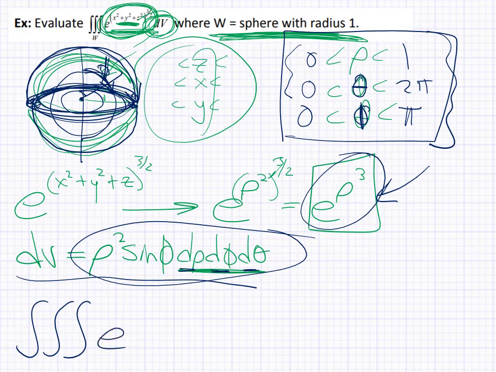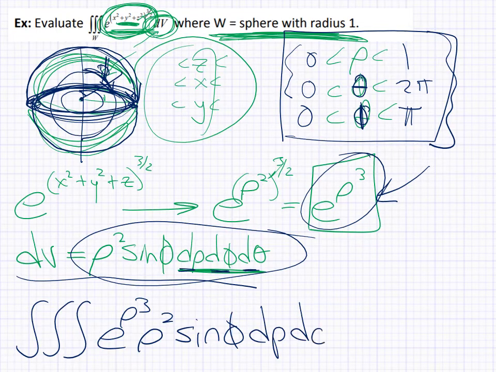So I have e to the rho cubed, rho squared, sine phi, d rho, d phi, d theta. And actually what you see here is since the intervals are constants, so 0 to 1 on the rho, phi would be the next one, 0 to pi, and theta would be 0 to 2 pi.